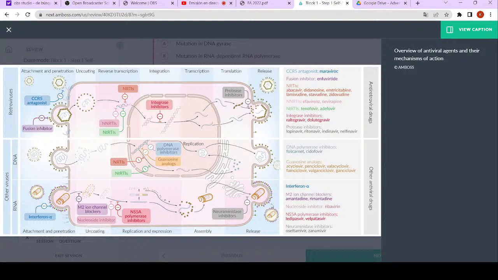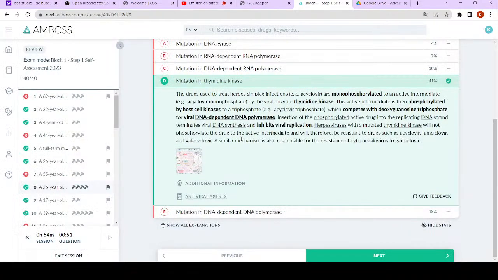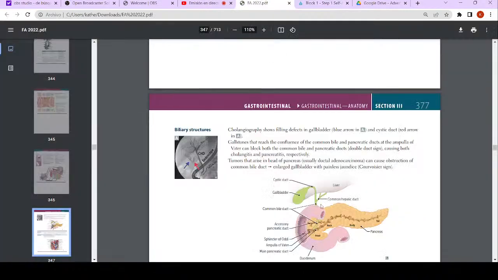For example, here the neuraminidase inhibitors, so you use them for influenza or other ones, right? So in this case, of course, it's a DNA virus, and the guanosine analogs work here. There are acyclovir, penciclovir, valacyclovir, and so on. But I prefer to read the FA.